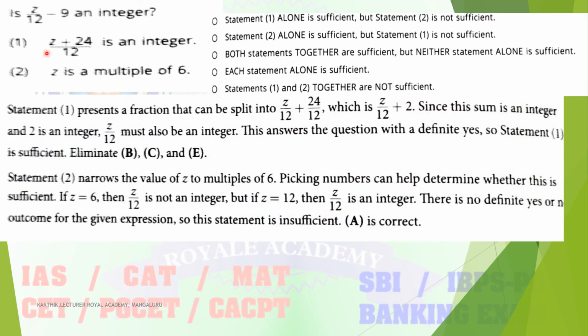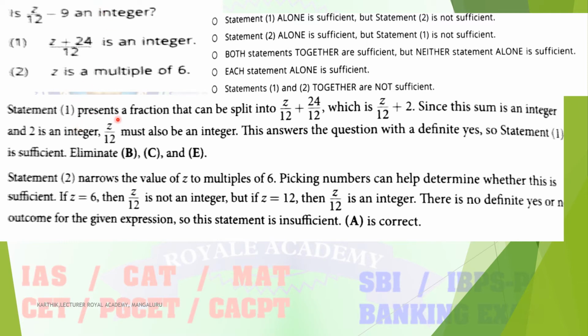First statement, what is given? z plus 24 divided by 12 is an integer. First satisfy this first statement, then only you can go for the above question. In this type of question, first satisfy the first statement, then only go for the question.